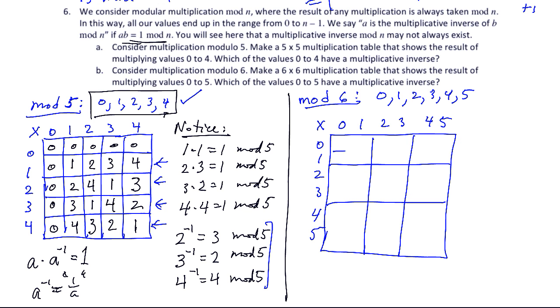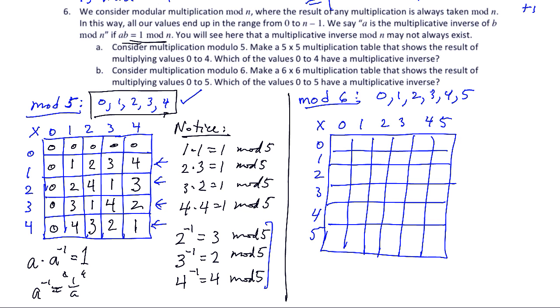Okay, and I'll fill in the other lines. First, our rows of all zeros. Basically, I'm just going to multiply, take my answer, mod 6.